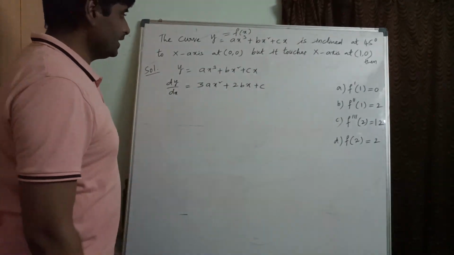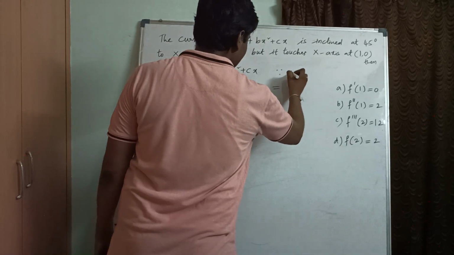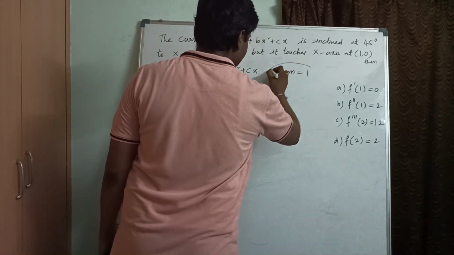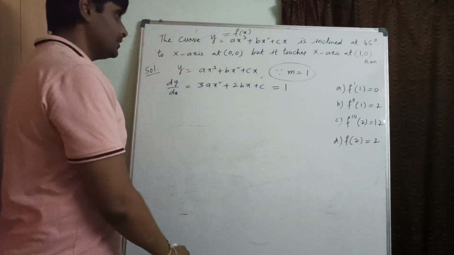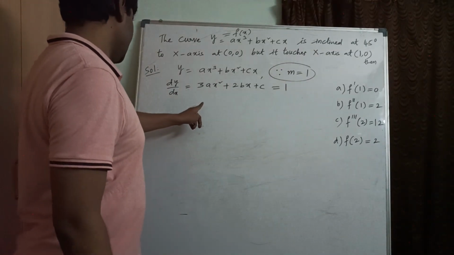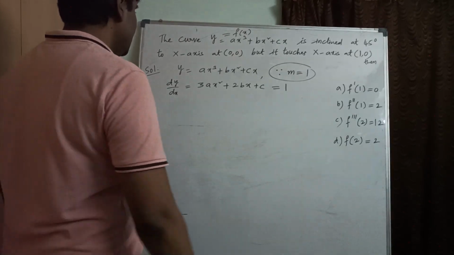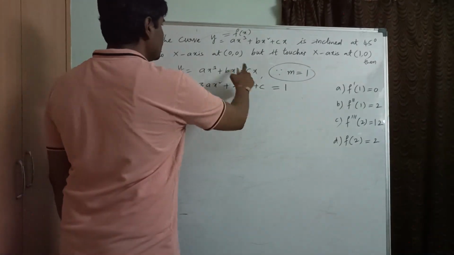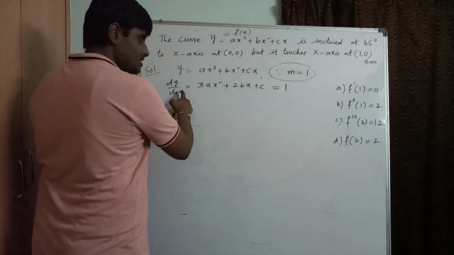So now what is the slope there? 1. Since the slope is 1, because it is making 45 degrees, tan 45 is 1, so I can equate it to 1. Clear? So 3ax square plus 2bx plus c. Where is the slope 1? At 0, 0. That means this is just dy by dx.